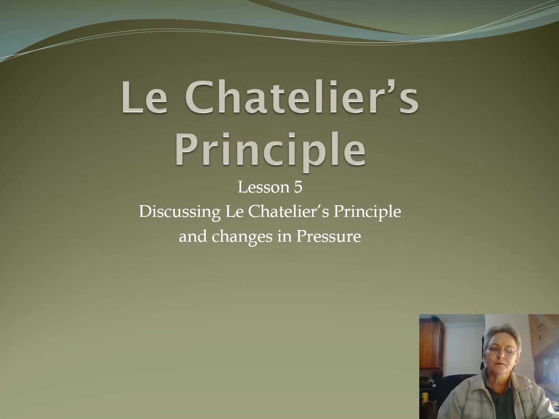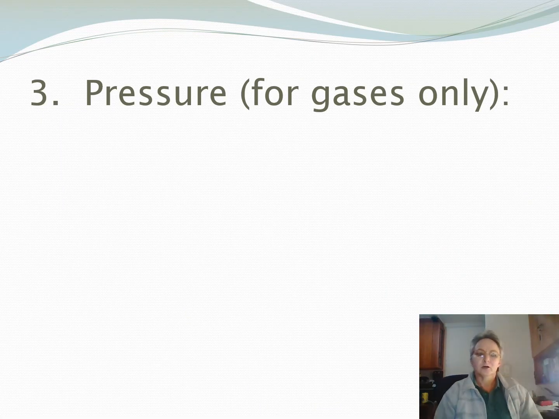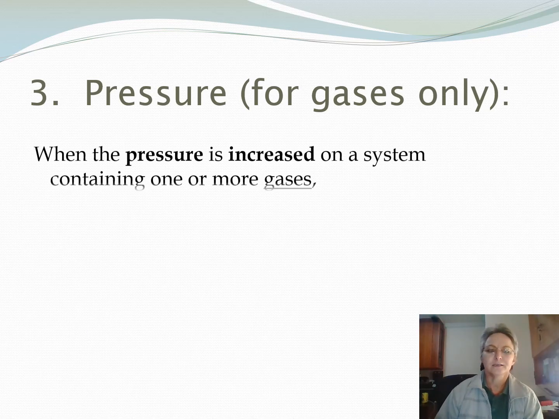Back to the fifth lesson on reversible reactions, where we are going to discuss Le Chatelier's principle and the changes in pressure on a system in equilibrium. Now, pressure will only affect gases.